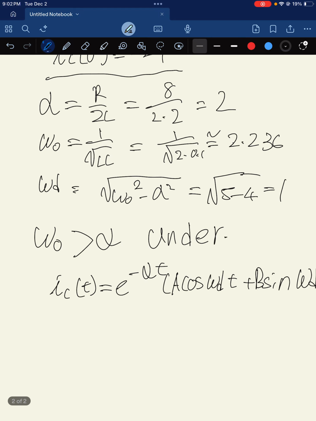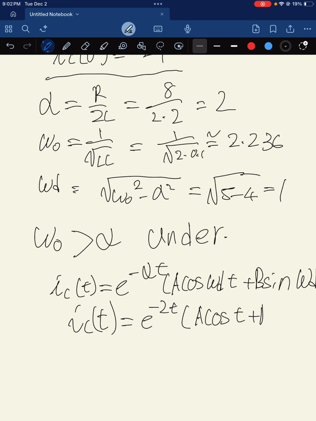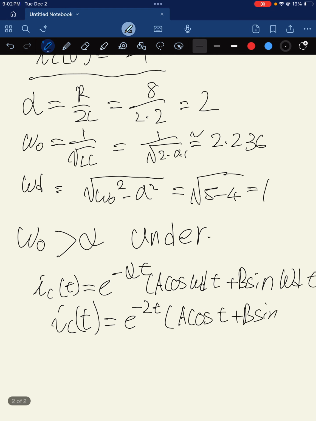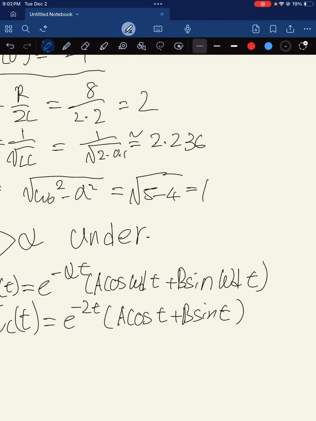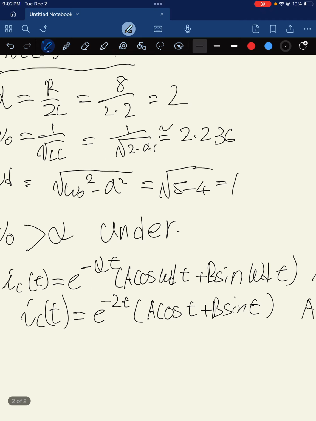But we already know what alpha and omega D are, so we're gonna get IC(t) equal to e to the negative 2t times a cosine t plus b sine t. All right, cool. And these are all in amps.